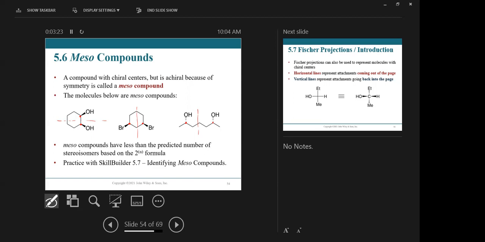Meso compounds have fewer than the predicted number of stereoisomers based on the 2^n formula. So we used this formula before. Remember, for cholesterol, we found it had 8 chiral centers, so it was 256, but this is not going to work for this.